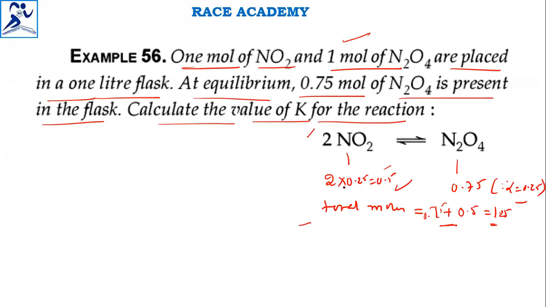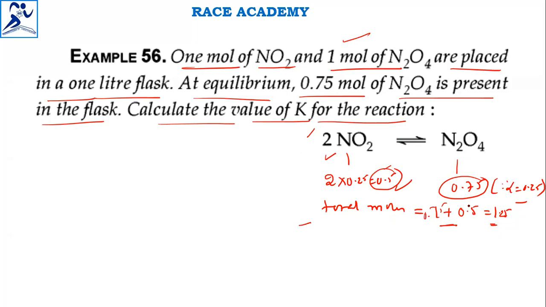Okay, initially they have taken 1 mole of NO2 and 1 mole of N2O4, and only 0.75 is used to find the alpha. If we substitute this alpha value in the expression, we get 0.5 as the number of moles of NO2 present at equilibrium.